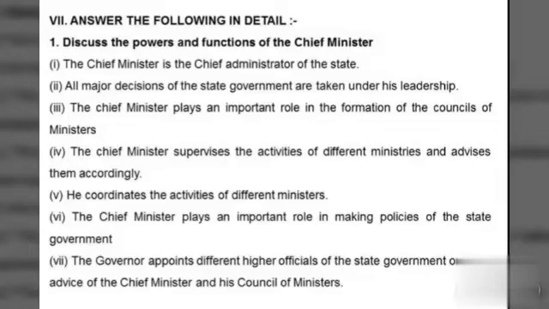The chief minister plays an important role in the formation of the council of ministers. Next, the chief minister supervises the activities of different ministers and advises them accordingly. He also coordinates the activities of the different ministers.